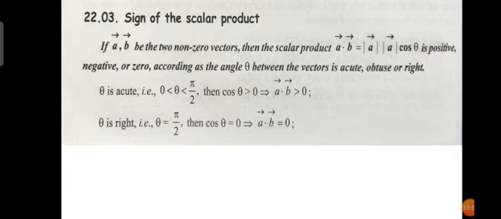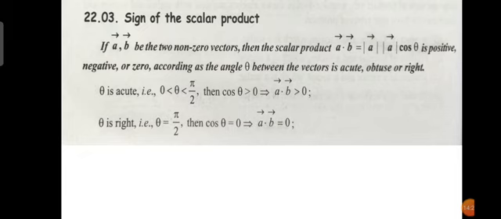That means it depends on the angle. We can say that a and b are non-zero, so it depends upon cos theta, the angle. If the angle is acute, obtuse or right, then the sign of the scalar product is positive, negative or 0.